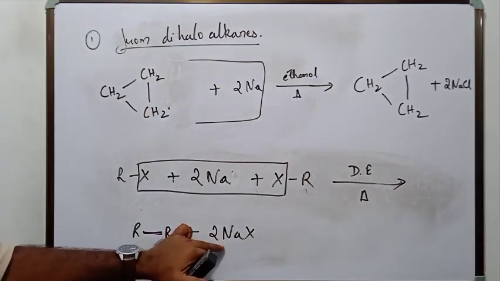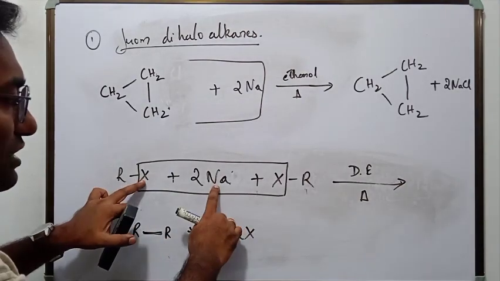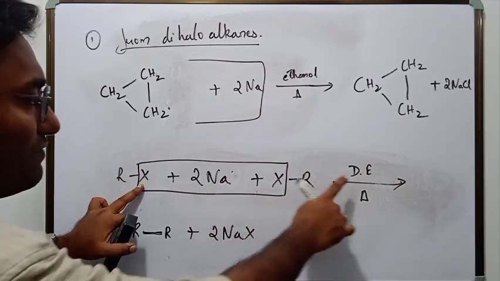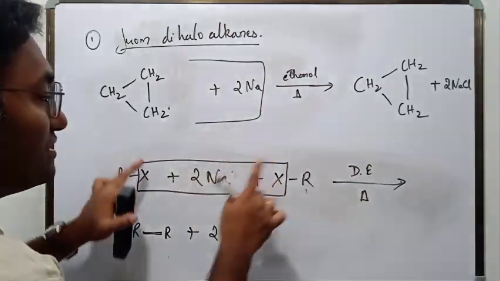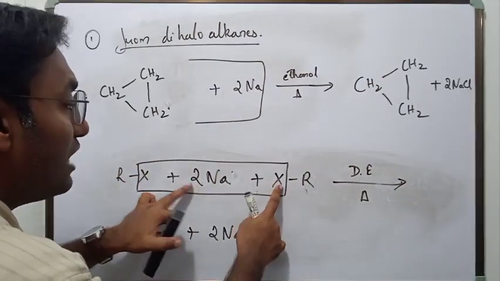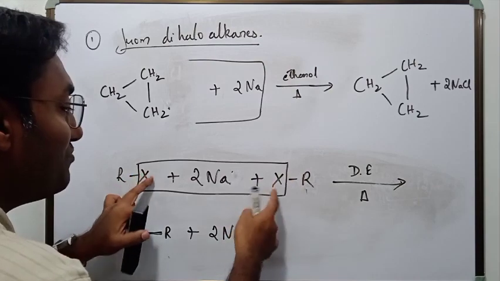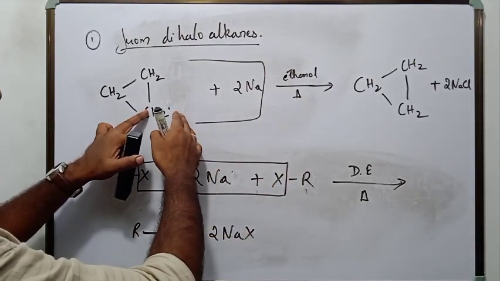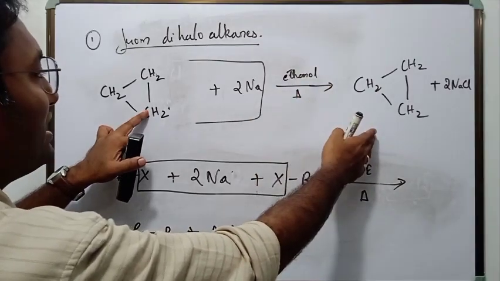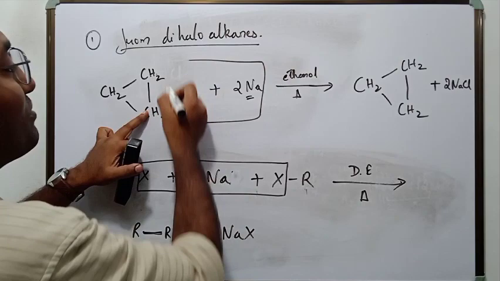Ionic bond formation results. So here we are seeing that in Wurtz reaction, in the presence of diethyl ether when it is heated, sodium eliminates halogen from two different molecules. But in this reaction, in the preparation of cycloalkane, sodium eliminates chlorine from the same molecule.